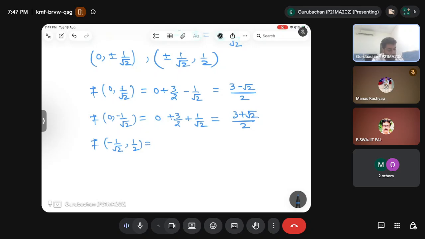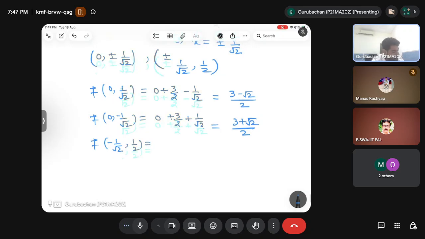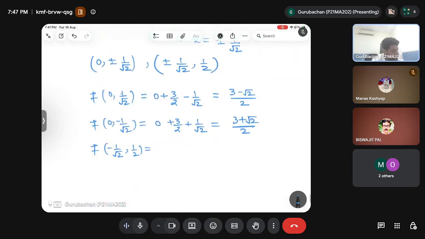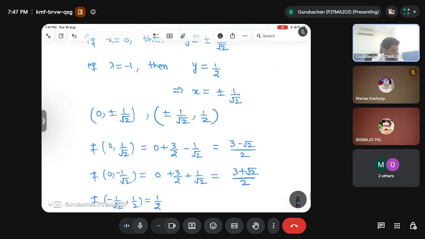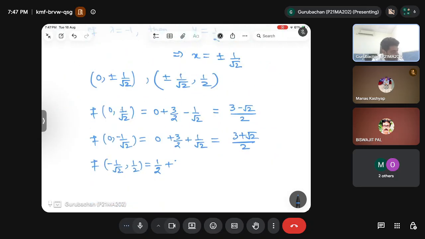Then plus minus 1 by root 2, comma 1 by 2. Putting in 1 by root 2, it will be 1 by 2, and when you put 1 by 2, it will be 3 by 4, and the last one is minus y, it is minus 1 by 2. So this will be 3 by 4.